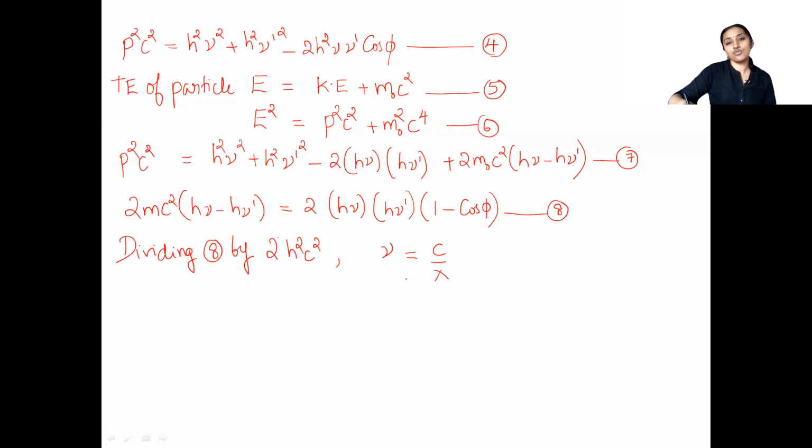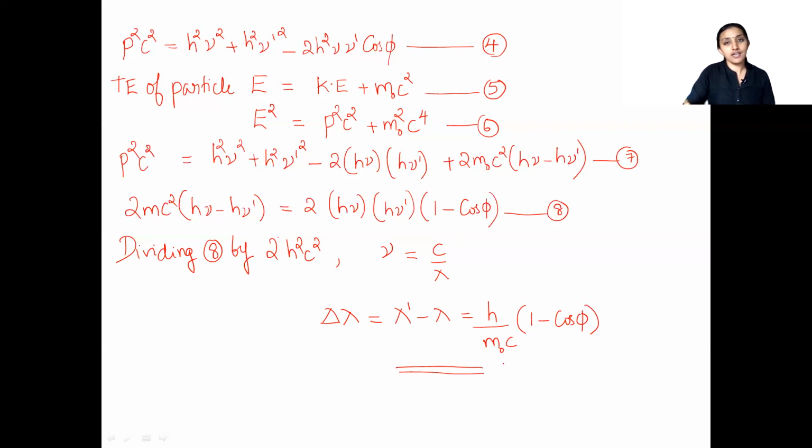Now using these two equations and by this method, we can arrive at the equation for change in wavelength for the photons, which is denoted as delta lambda, which is equal to lambda dash minus lambda, which is equal to h by m0c into 1 minus cos phi. So this is the equation for the Compton shift.